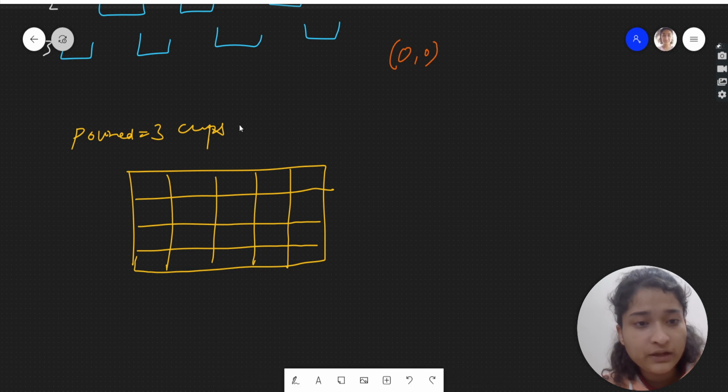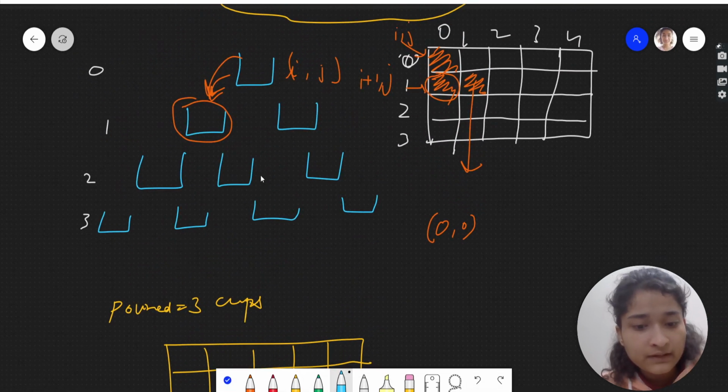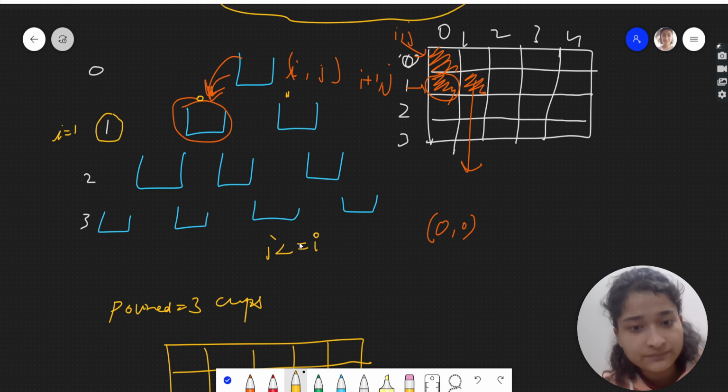matrix. And if you see a pattern, guys, here, if the row is 1, right, columns will be 0, 1. That means this column count will be equal to I. That is, j will be less than equal to I. That is, j is equal to 0 comma 1 if I is 1.